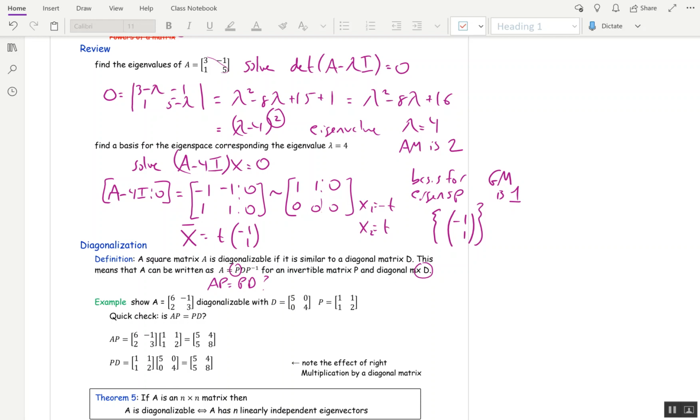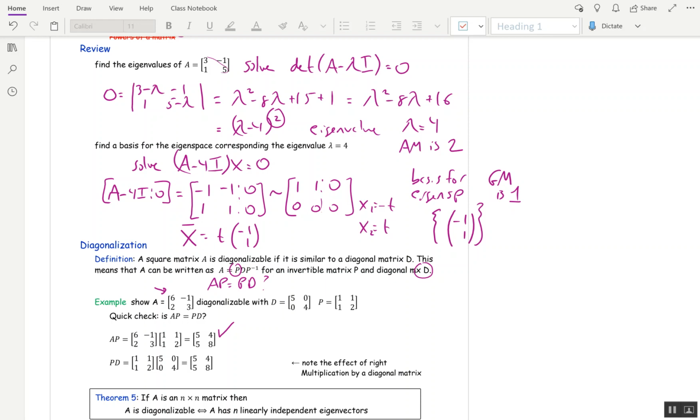All right, so for example, this matrix here, A, is diagonalizable. I'm just claiming that, and I'm giving us D and P. And so rather than computing P inverse and checking if A is PDP inverse, you could check is AP equal to PD. And I already checked, and the only reason I checked it is just to show you that AP is a fairly straightforward computation. Make sure you can actually do that.